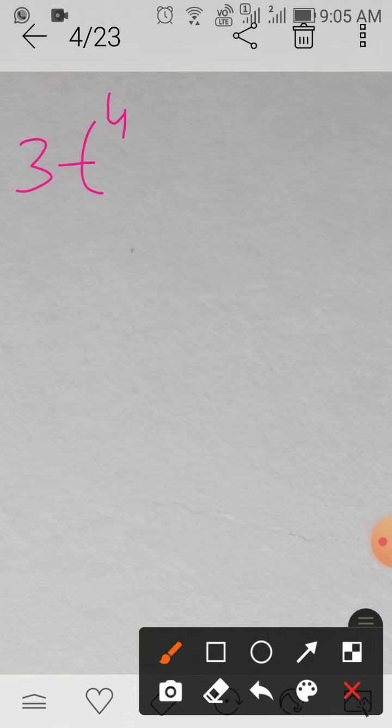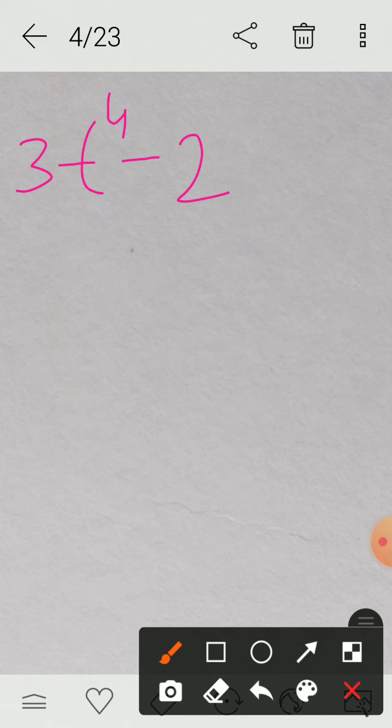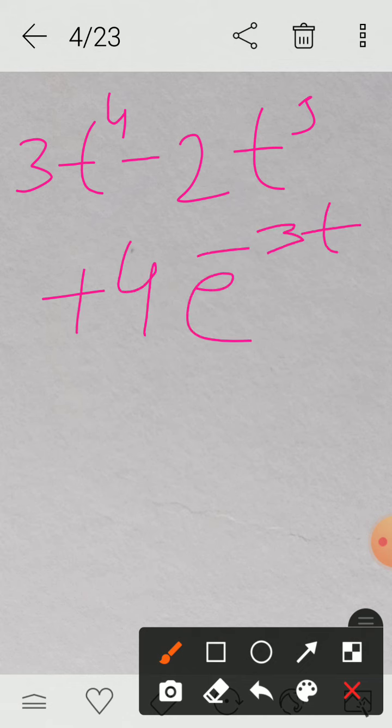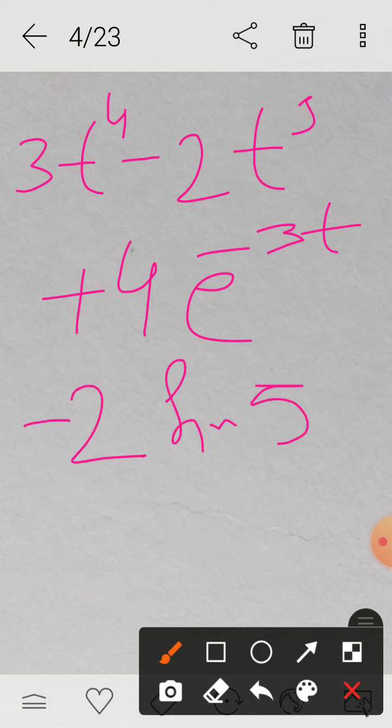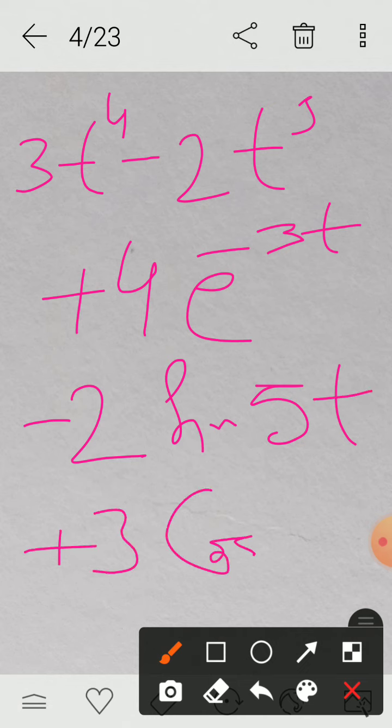For example, you can calculate the Laplace transform of 3t^4 minus 2t^3 plus 4e^(-3t) minus 2 sin 5t plus 3 cos 2t.